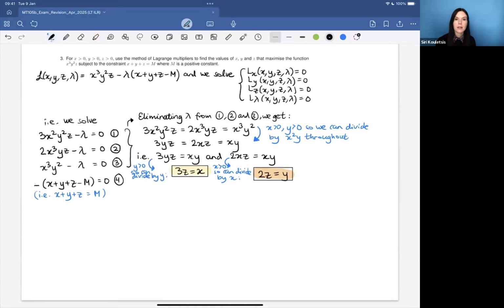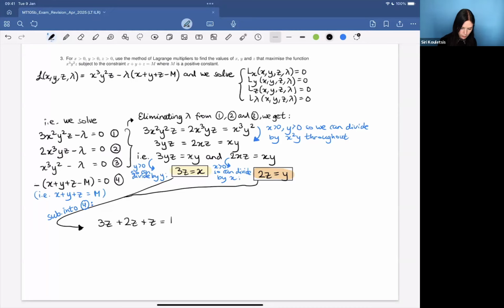And now we can substitute these into equation 4. And we said that equation 4 in simplified form here is just x plus y plus z equals m, but x is 3z, y is 2z.